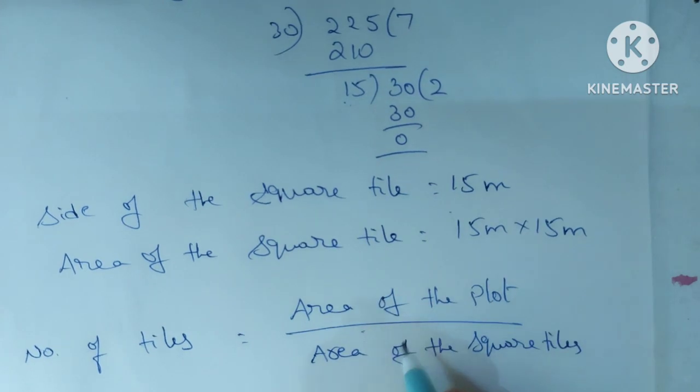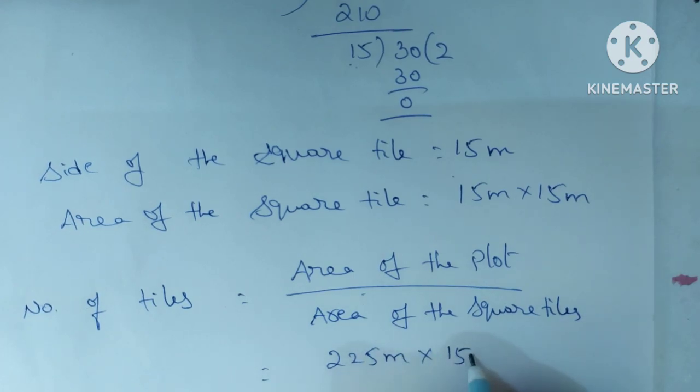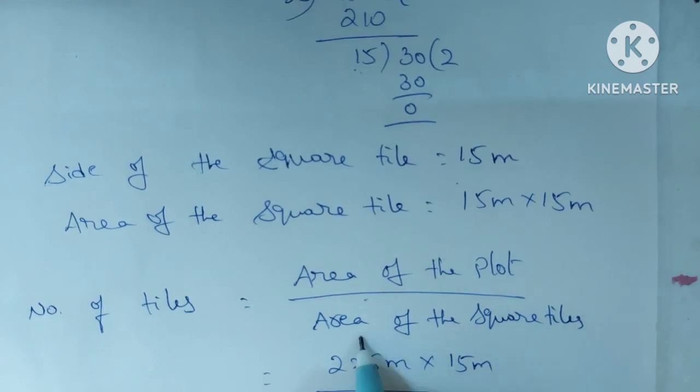So area of the plot is 225 meters into 30 meters by area of the square tiles is 15 meters into 15 meters.